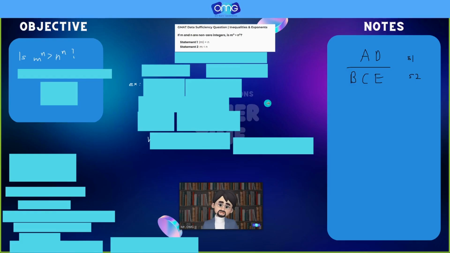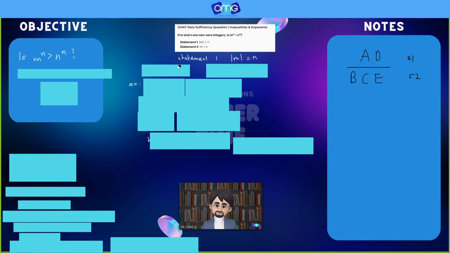If m and n are non-integers, is m to the power of n greater than n to the power of n? We have two statements here: statement 1, absolute m equals absolute n, and statement 2, m less than n. So we use statement 1, absolute m equals absolute n.